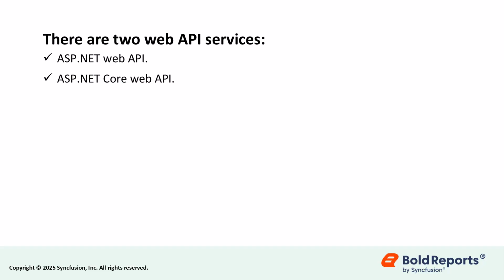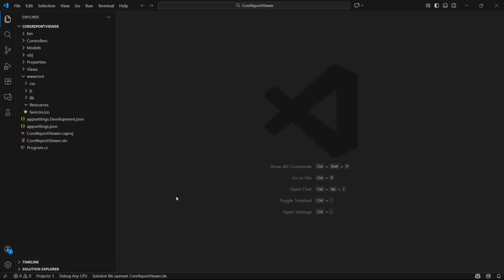The report viewer requires a web API service to process the RDLC report files. There are two options for creating a web API service: ASP.NET Web API and ASP.NET Core Web API. For this demo, I have created an ASP.NET Core Web API service on my local machine.